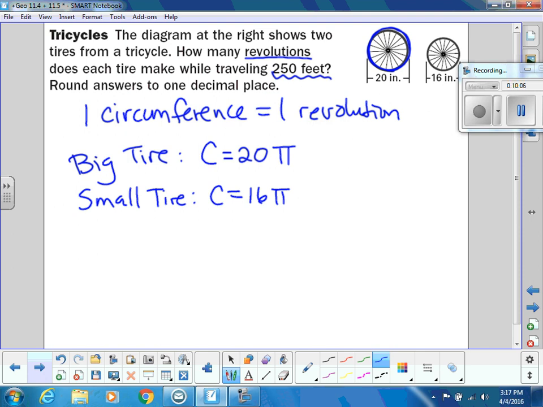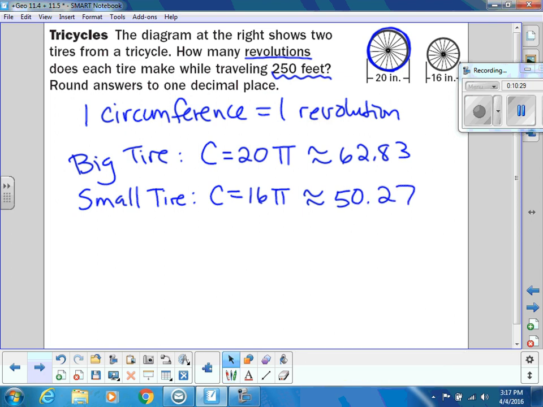So let's get what those are as decimals. So this is roughly 62.83, and this is roughly 50.27. So what do I do with that? That's how many feet it will travel after one revolution.